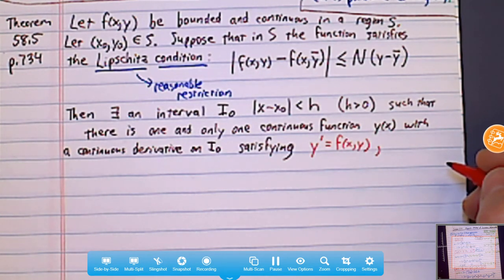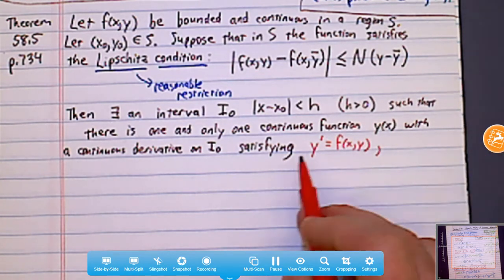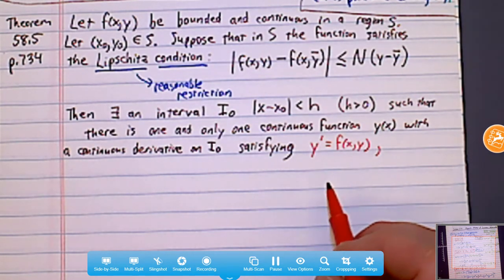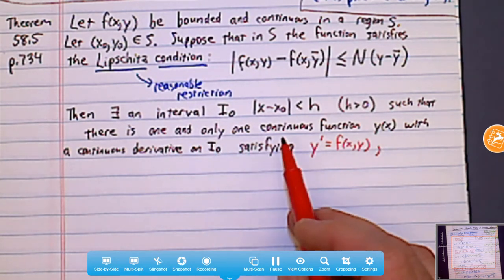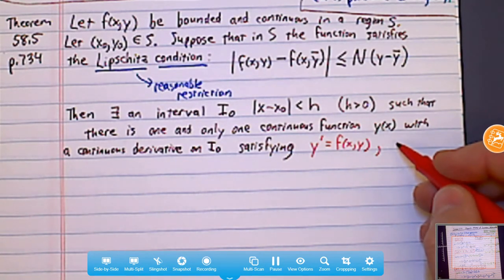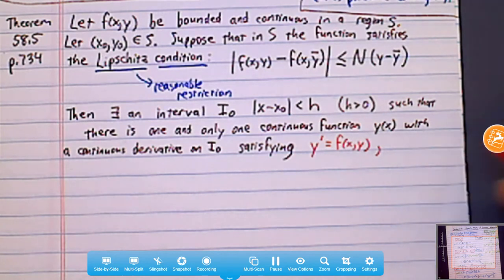What class are we in? Diffy Q. What is this? That's a differential equation. What order? First order. If I want to get one and only one solution, I need to add what to it afterwards? An initial condition. Do you know what I'm going to write for the initial condition?